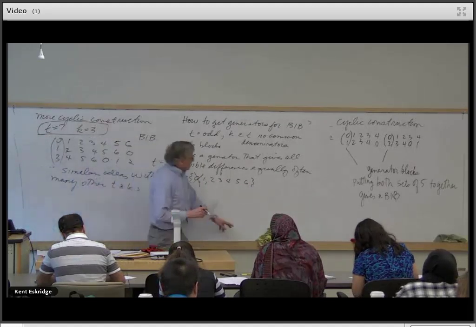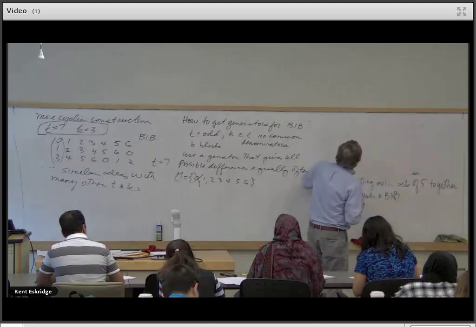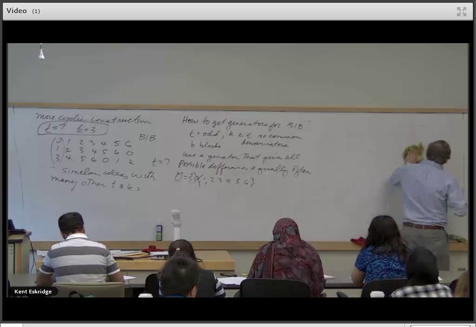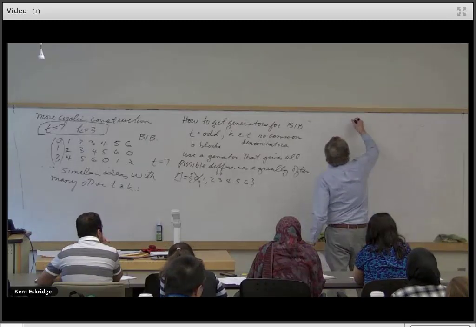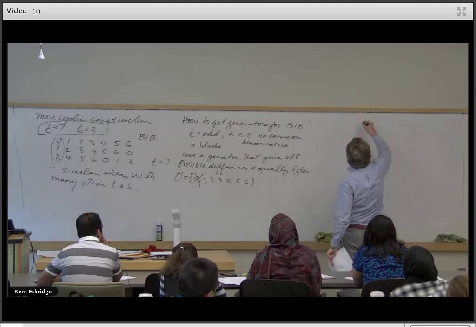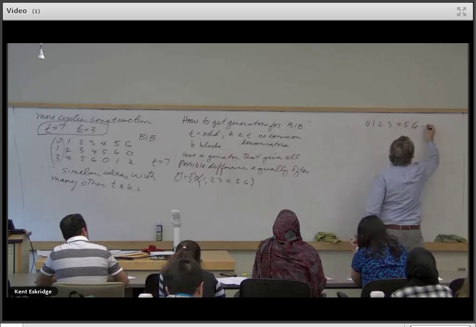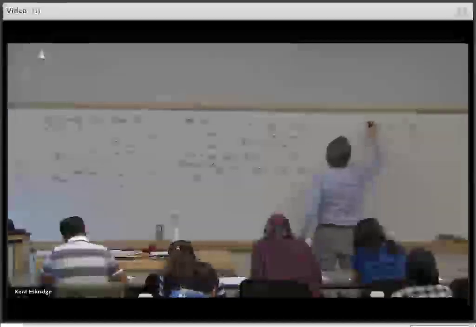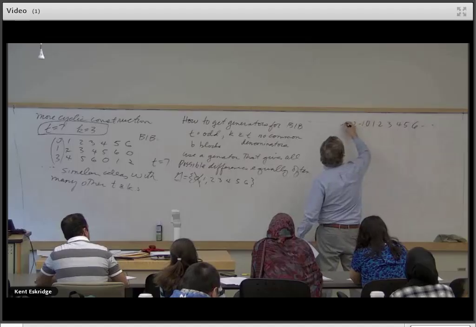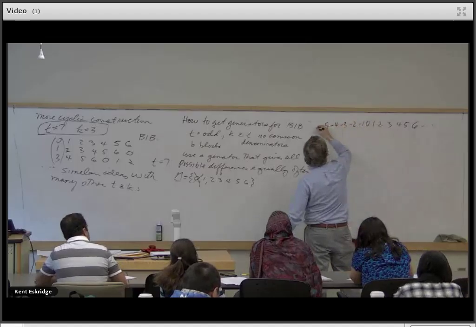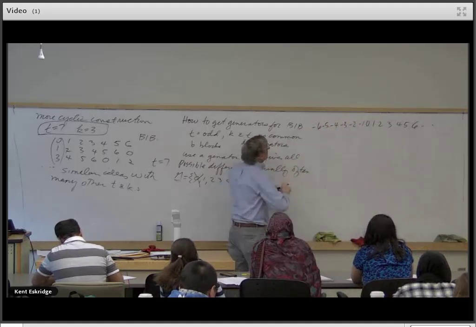Okay? Now, we've got a little modular arithmetic to do this. Let's take 0, 1, 2, 3, 4, 5, 6, and so on. Now let's go backwards. It's minus 1, minus 2, minus 3, minus 4, minus 5, minus 6. Okay? So here are my numbers. Minus 6, minus 5, minus 4.